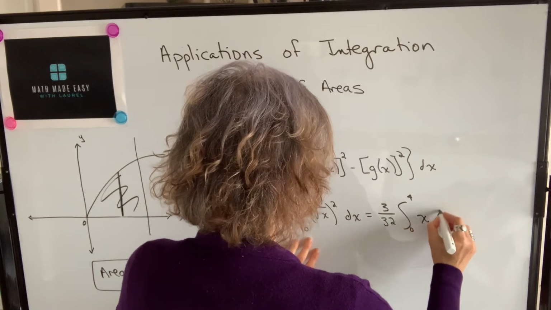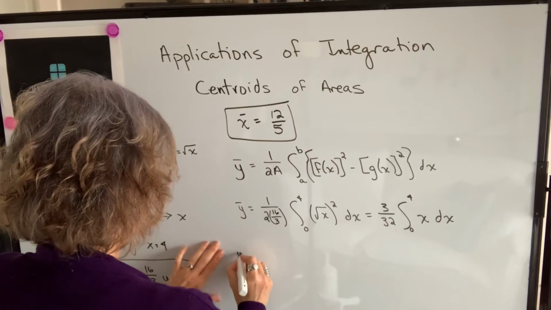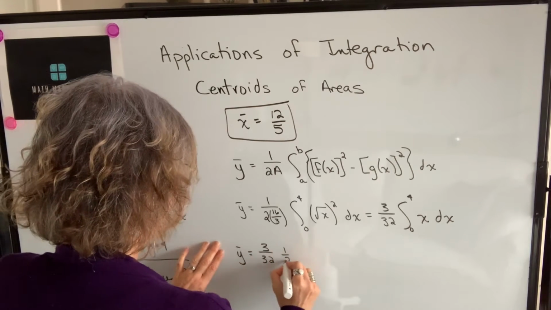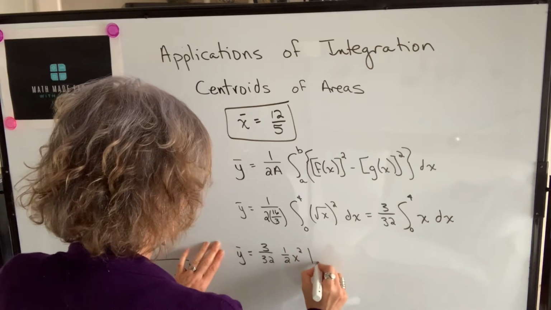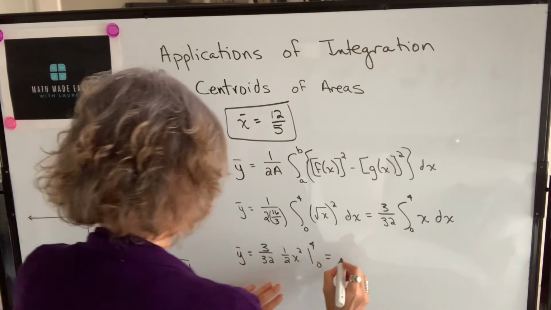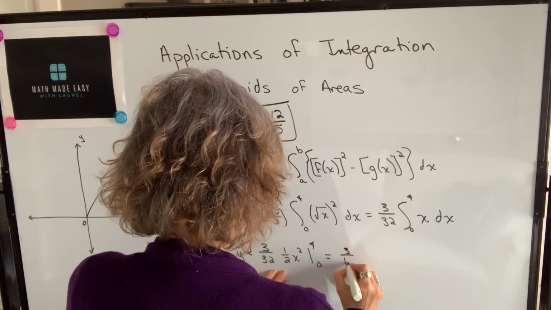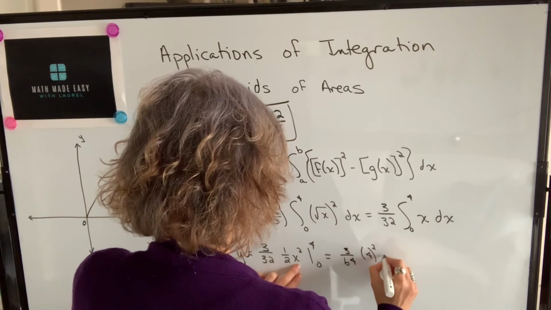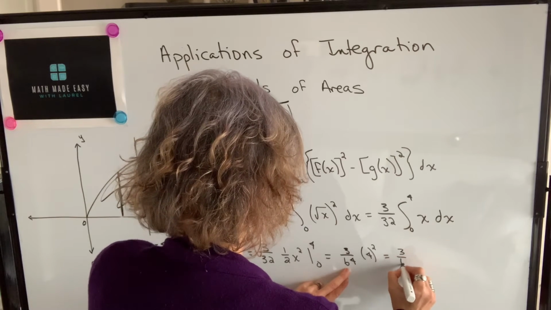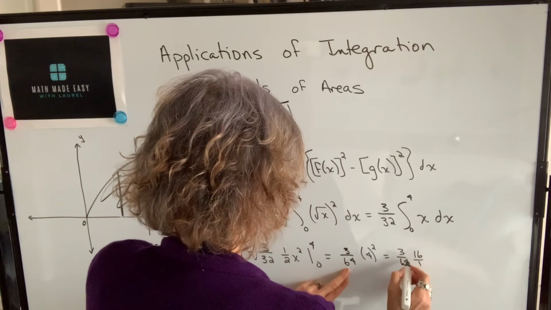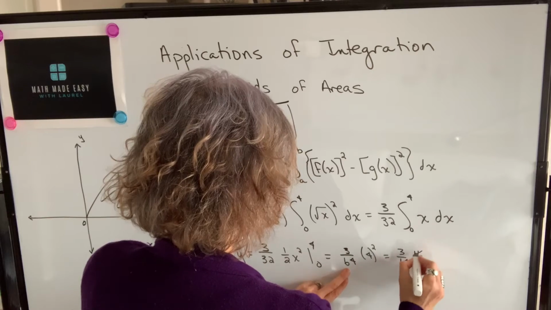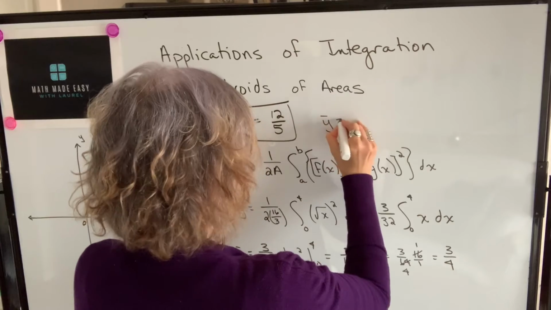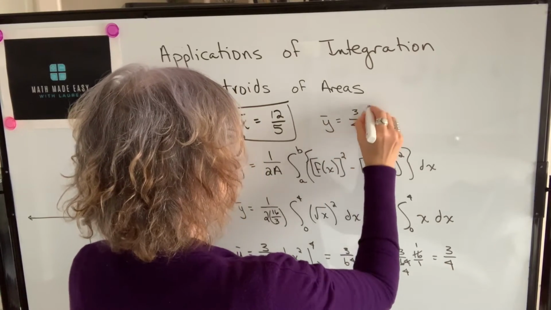That'll just be an x. And now we can evaluate it. So that will be 1/2 x squared. So that will be 3 over 64 times 4 squared. 4 goes into there 4 times, 16 into there once. So the y-coordinate of the centroid will be 3/4.